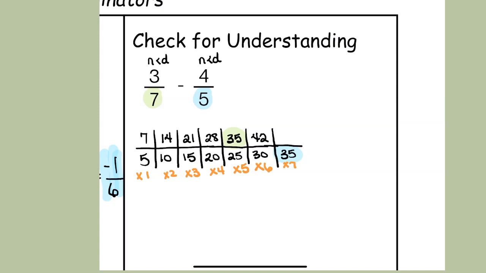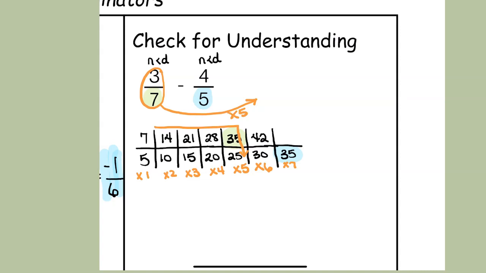All right, so let's start with the first problem. Here, 3/7. What did we need to do to get that to turn to 35? Well, we had to multiply by 5. So we take this entire amount here and multiply by 5.